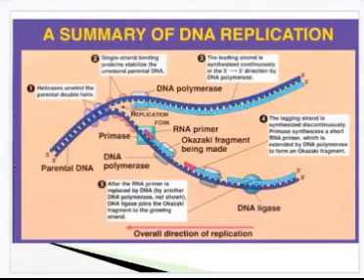And next, the enzyme DNA polymerase adds complementary DNA nucleotides. So let's have a look at this in a little bit more detail. So we'll start up here on the leading strand. So as I said, DNA polymerase can only add nucleotides because of the anti-parallel nature of DNA. It can only add nucleotides in the 5' to 3' direction.